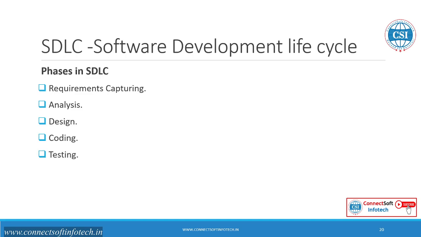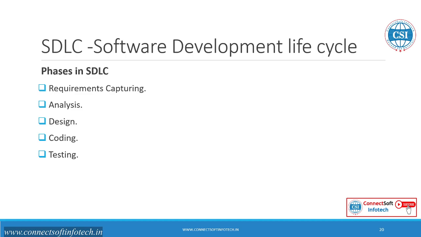Requirement means we gather the requirement. Analysis means we do the analysis of the requirement, and after that the designing portion will start, that is documentation. After designing, documentation, and UI development are completed, the coding part will start. In coding, the developer develops the application by writing the code.